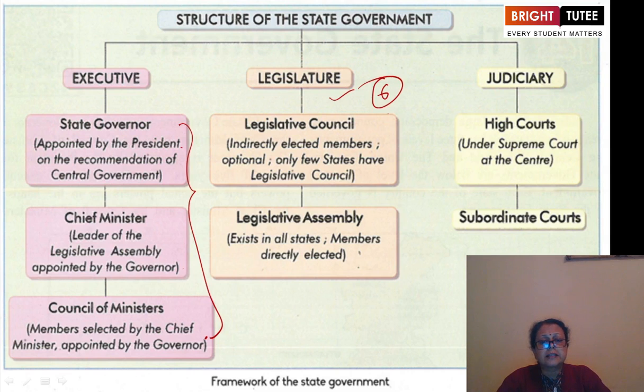These are the 6 states that have a bicameral legislature or the facility of the legislative council. Other than that, the rest of the 22 states have only the legislative assembly. Legislative assembly exists in all states, and members are directly elected by the people. In the legislative council, members are indirectly elected.